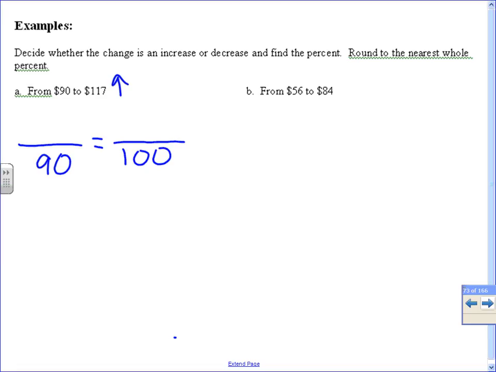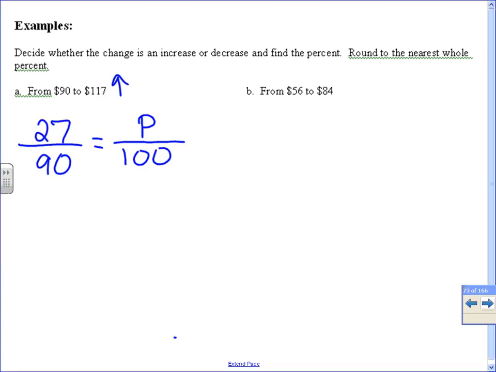Good, how'd you get that? Good. The amount of increase goes on top. It's kind of like saying what's the new amount because it's the increase. So you subtract these numbers to get the amount of increase or decrease, which in this case is 27, over the original, which is 90, equals percent over 100.